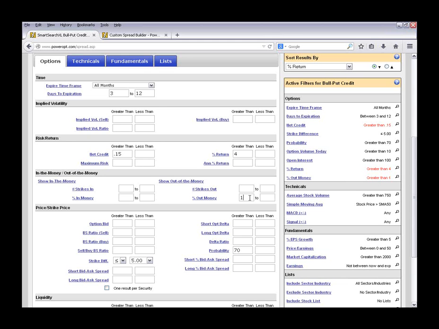Let's just go 1% out of the money, but we are going to keep our probability at 70% because the time frame is factored into that probability. We're going to leave that at 70% right now. We're going to go 1% out of the money. We've got to take our net credit down to a more reasonable expectation for our weekly series. All right, let's go ahead and run that search.